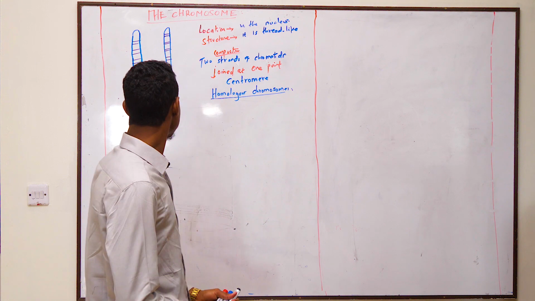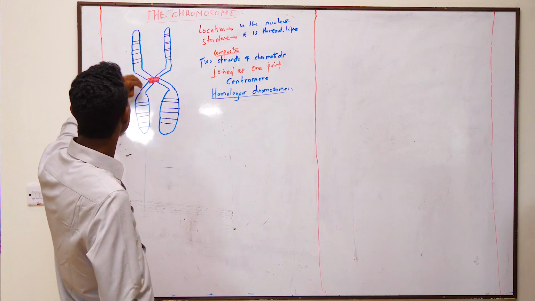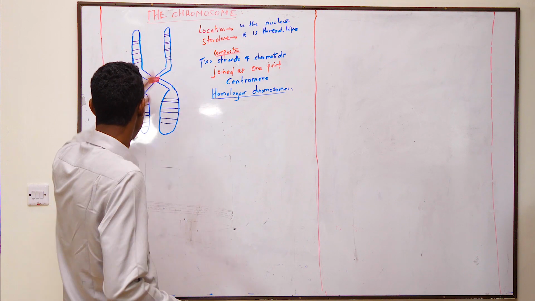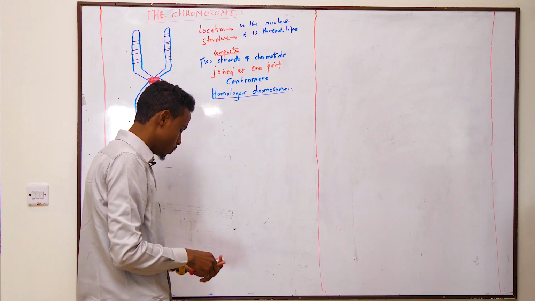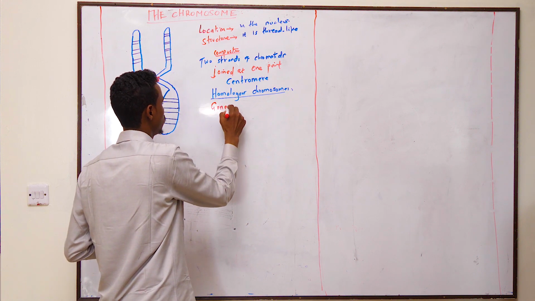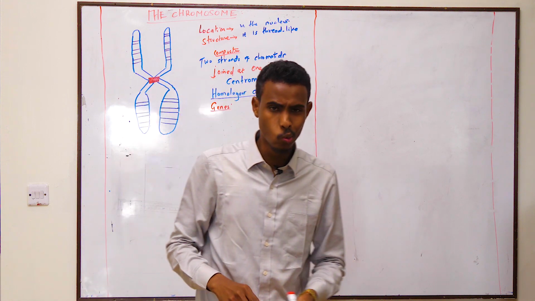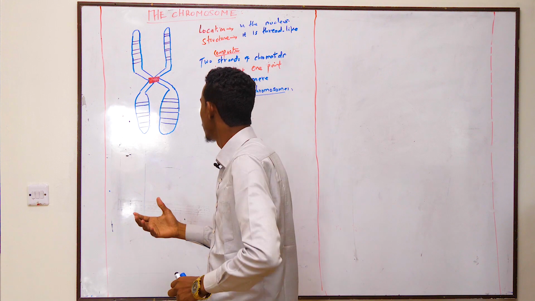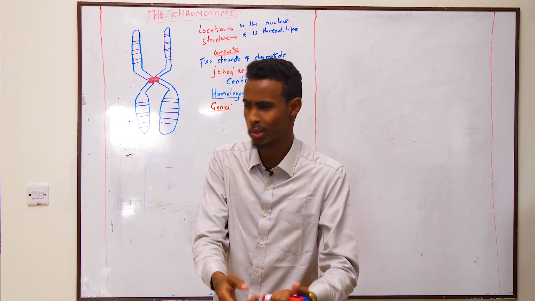Another important thing is that along the length of the chromosomes are genes. Again, before we continue, at what point is the chromosome visible under a powerful microscope?